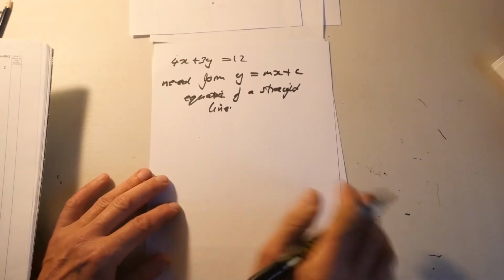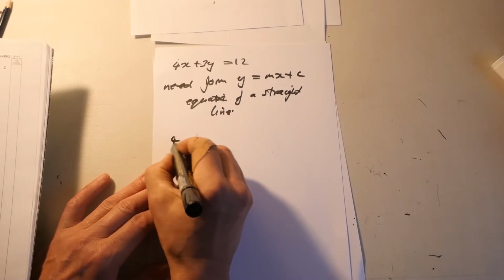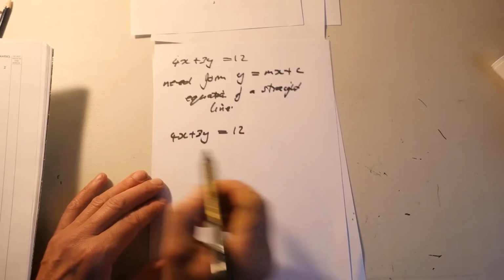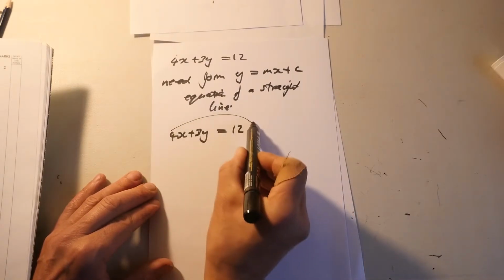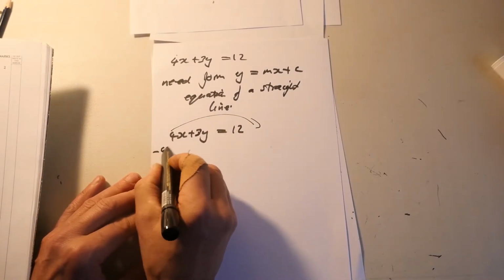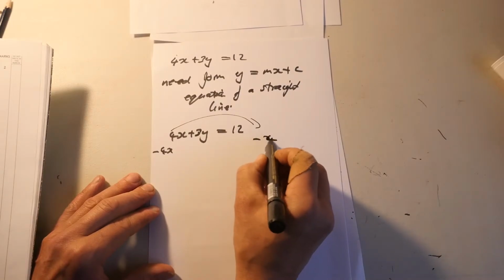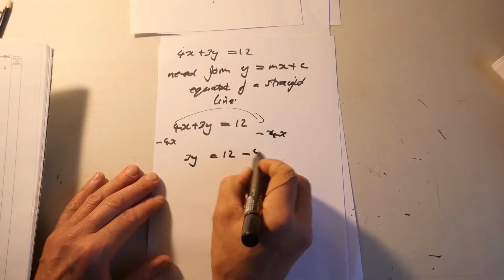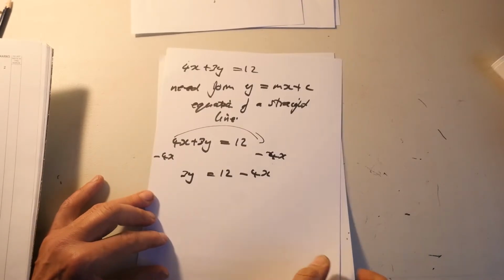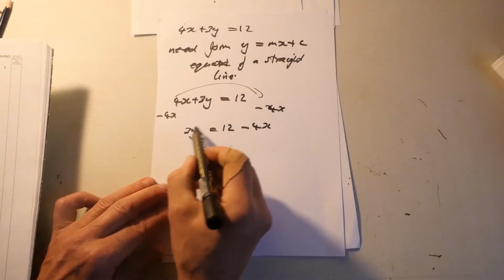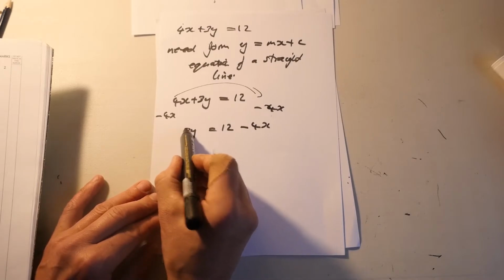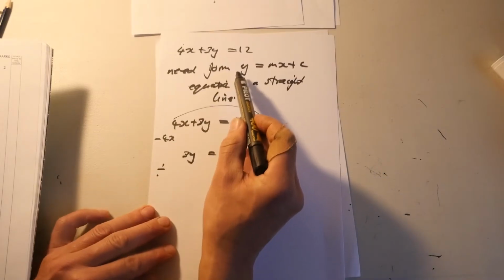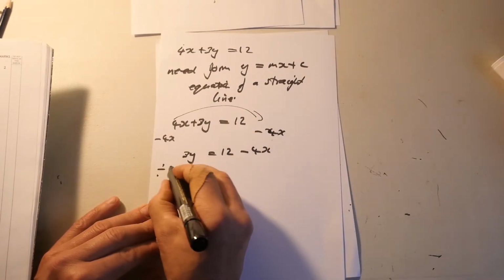So take 4x plus 3y equals 12. You want to move this over to there, so you take 4x from each side. So you get 3y equals 12 minus 4x. And then you want to get rid of the 3 here to leave y on its own, so you divide both sides by 3.